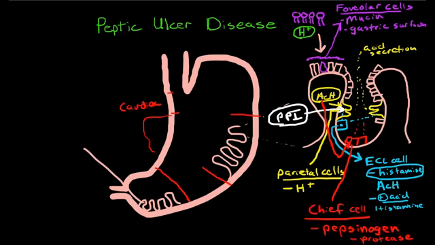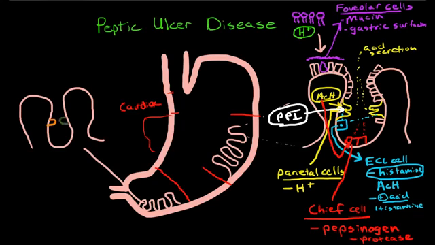For one thing, it doesn't have a significant number of parietal cells. And for another thing, it has some other unique cells. It has some endocrine cells, and one is called the G cell and one is called the D cell.